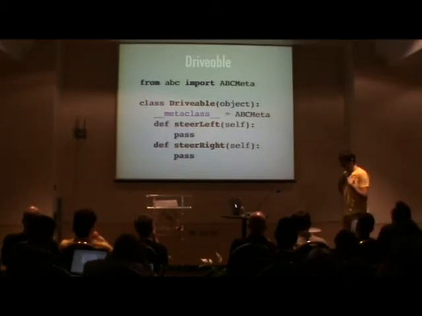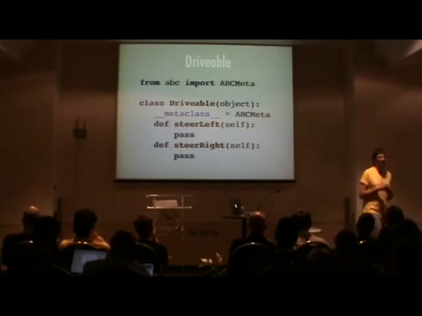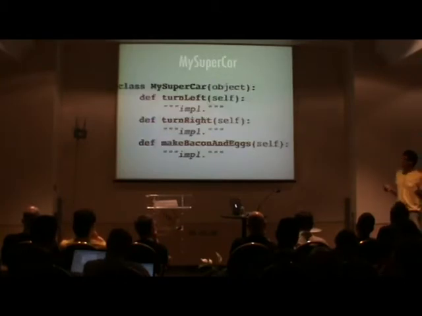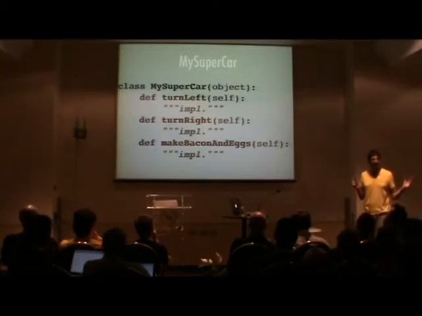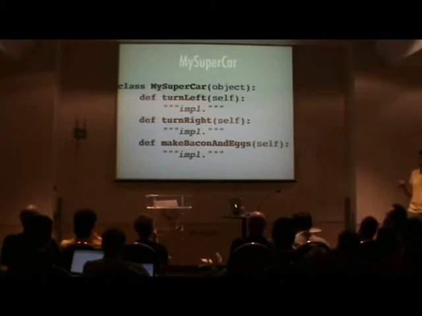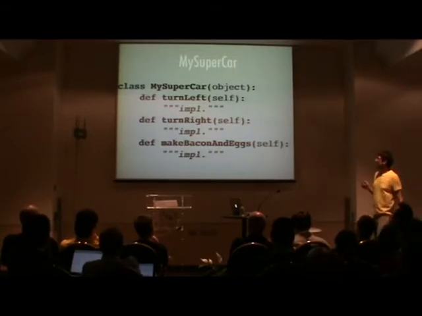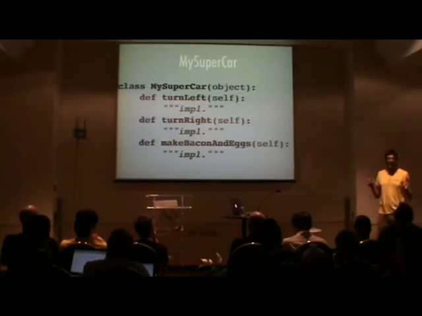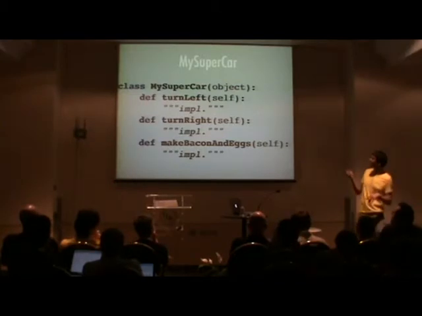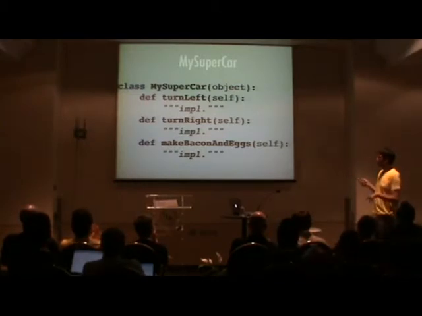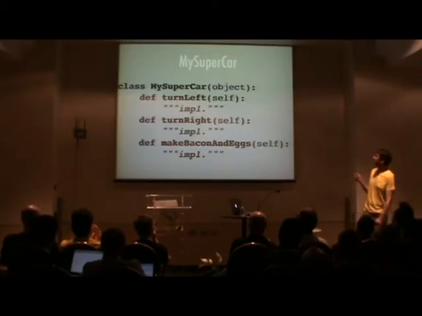I mean, I might have a great car doing a lot of things. So this is my car. It can make me breakfast whenever I like if I press the right button. But it does not mean that I cannot drive it. So whenever you need a car object, and you are duck typing, just think in terms of the interface you are using, and don't go too deep into the implementation detail. Somebody else who's got a different concept of what this car does will be able to use this method, but you shouldn't.